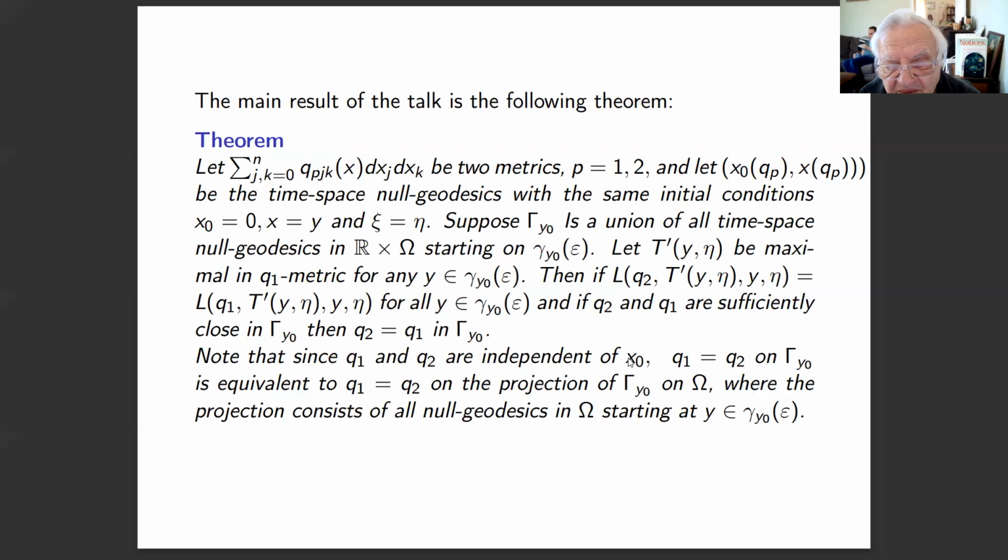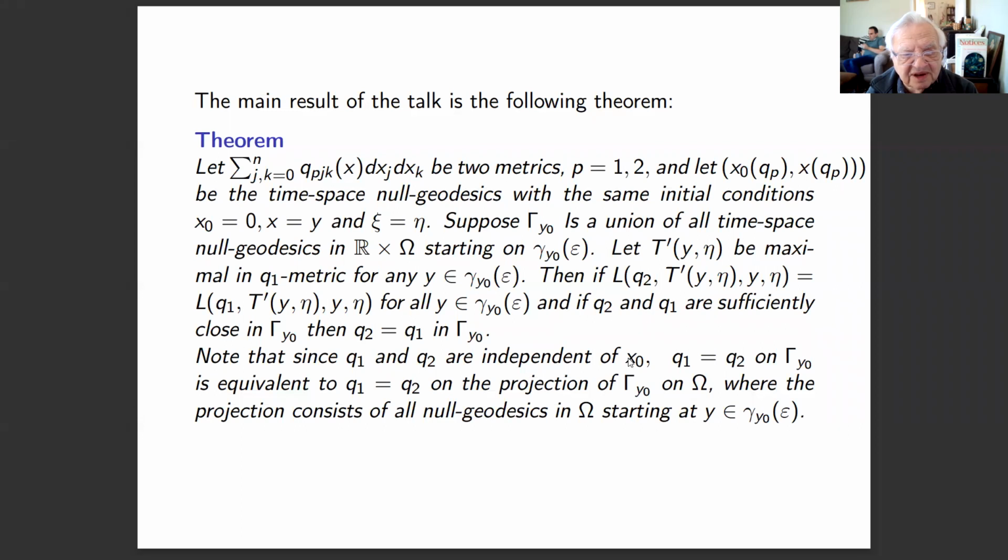So with this clarified notation, L_Q1(T prime, y, eta) means the length of the time-space geodesic which starts at point y, eta, and at point T prime, this is the maximum.